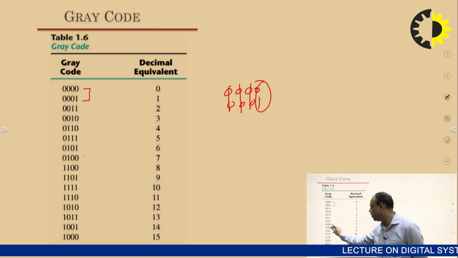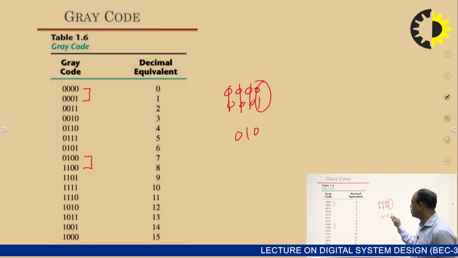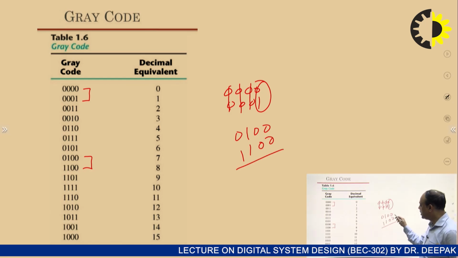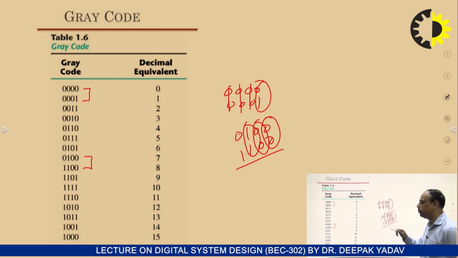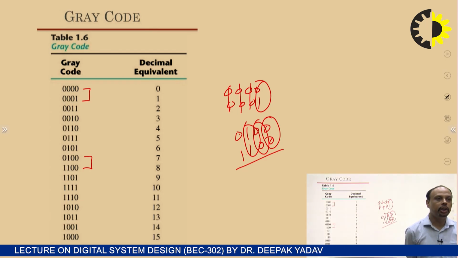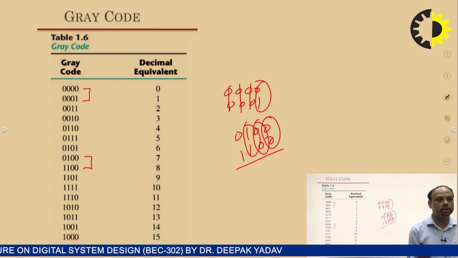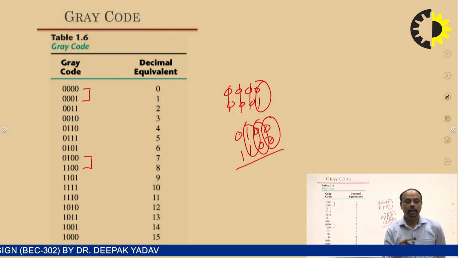Like if we see over here, the codes of 6 and 7, 0, 1, 0 and 1, 1, 0. Again this bit is the same, this bit is the same, and there is only 1 bit difference. So in the gray code, if we have 2 consecutive codes, there is only 1 bit difference from one code to another code. This kind of code is known as gray code.